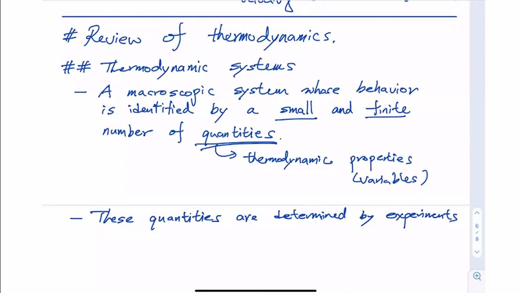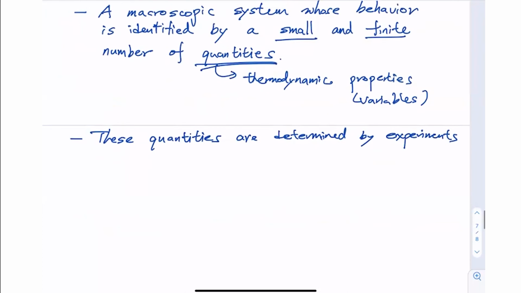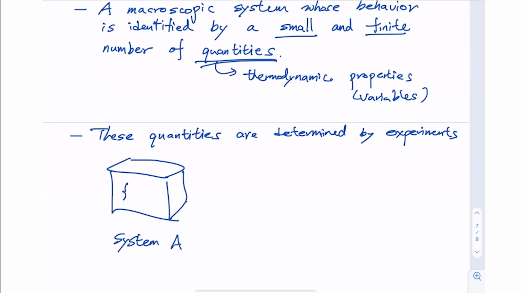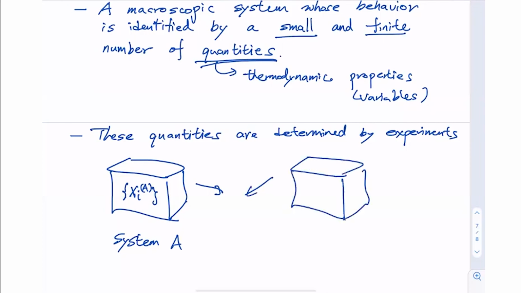Maybe you have your system, I'll use system A to describe it, described by a bunch of thermodynamic variables, and you put it in contact with another system, system B, which is also described by a set of thermodynamic variables.